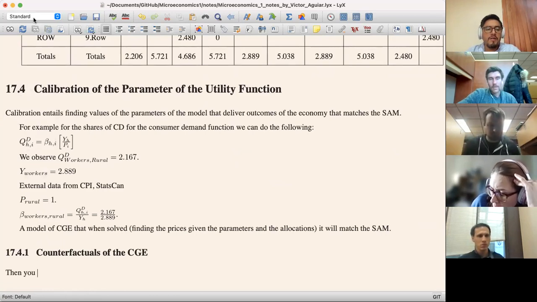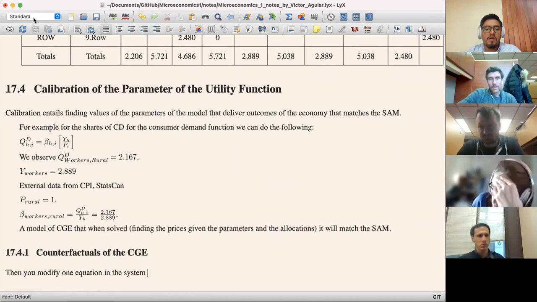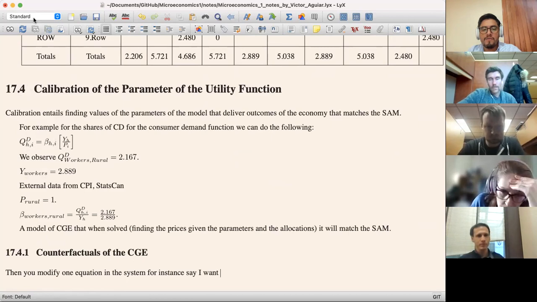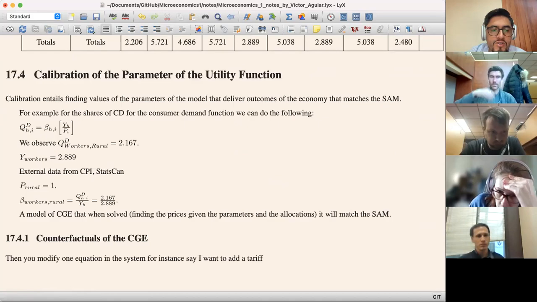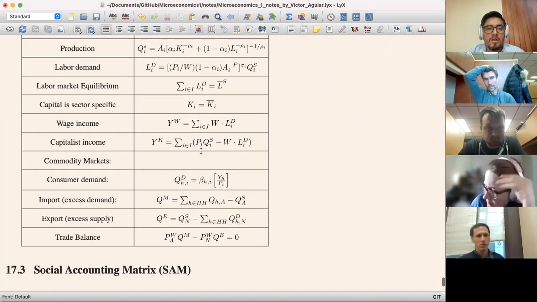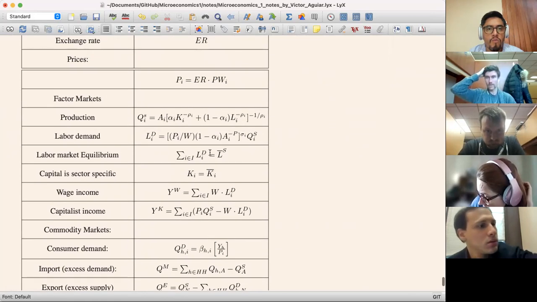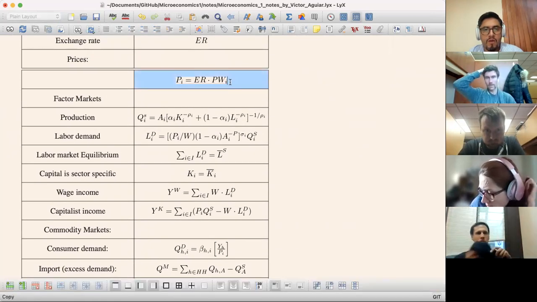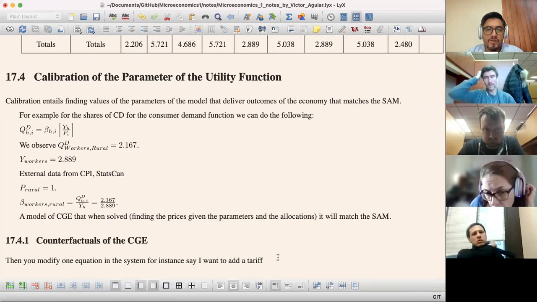So in this part, the counterfactuals of the CGE, you modify one equation in the system. For instance, say I want to add a tariff. So you go essentially to the equation regarding the price of the world, and then you change it, right?